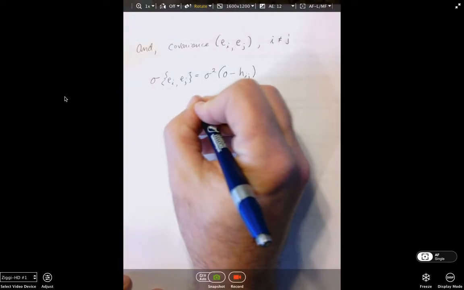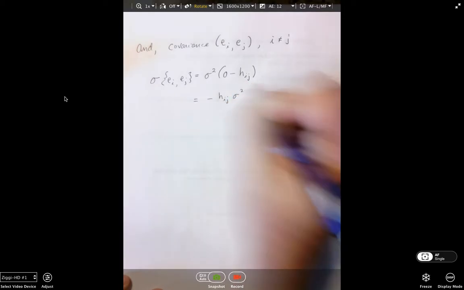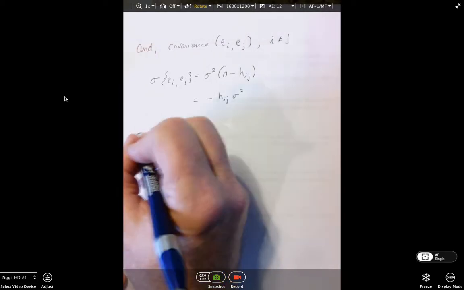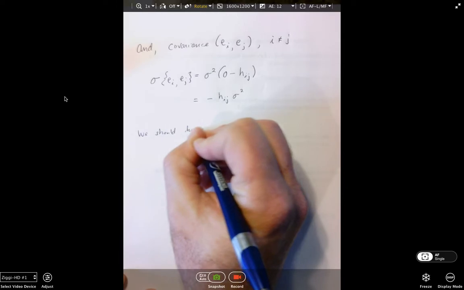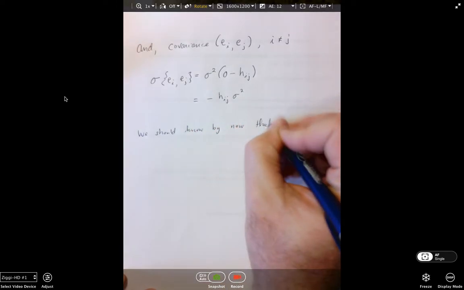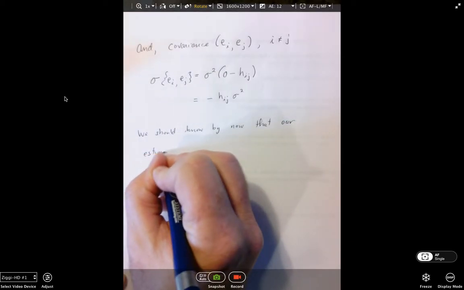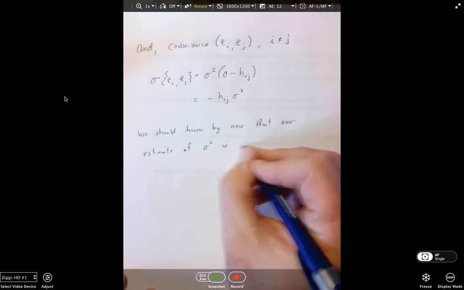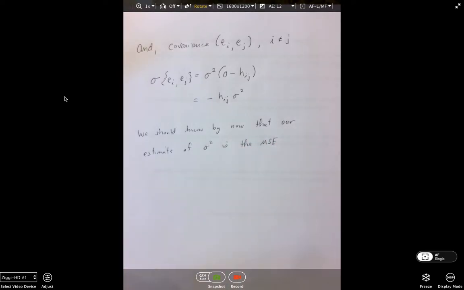And of course, this can be seen as negative h_ij sigma squared. Well guys, again, we should know by now that our estimate of sigma squared is the mean square error.